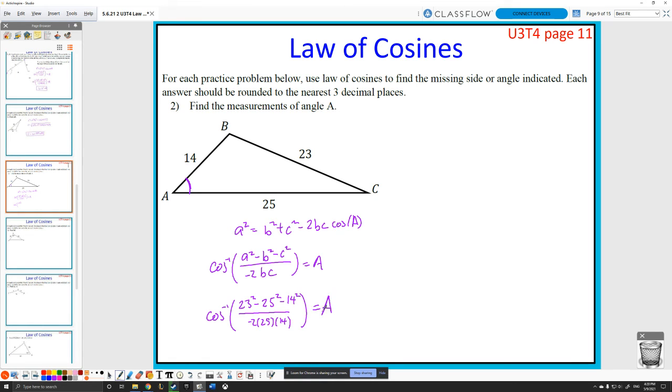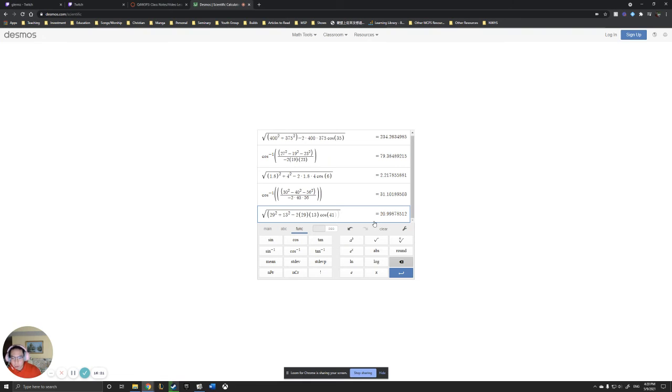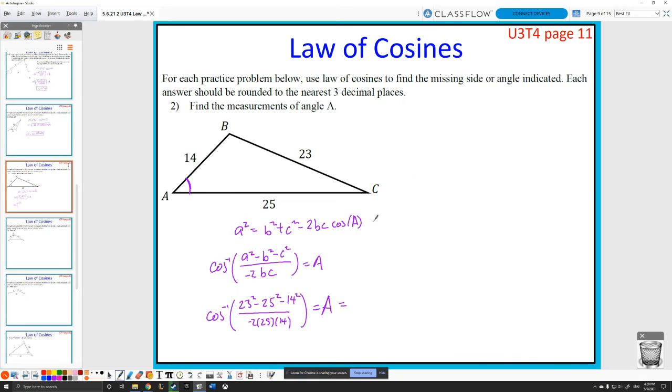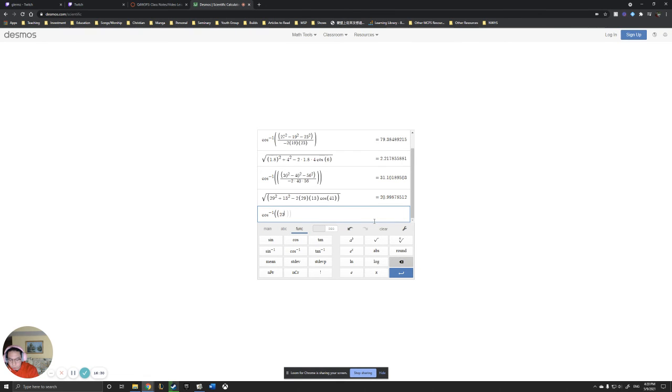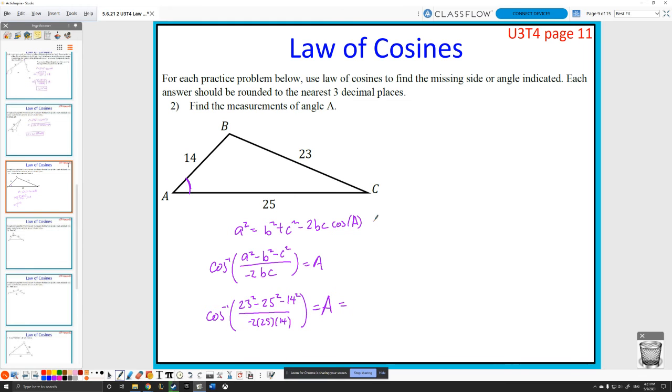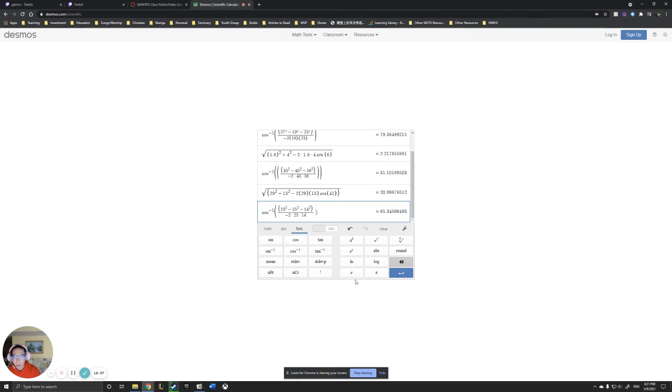So putting all this in the calculator, I should get 5.346. Make sure everything looks okay here. 23, 25, 14. Yeah, it looks good to me.